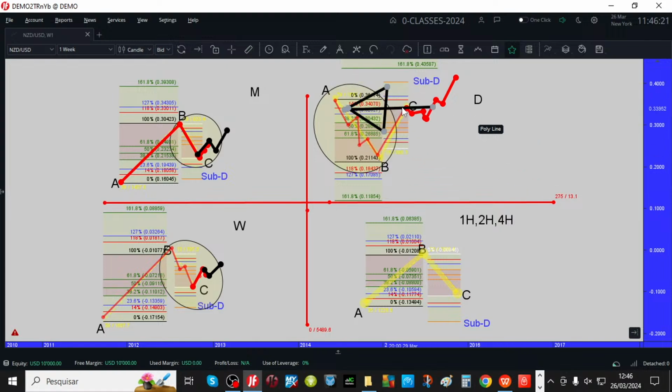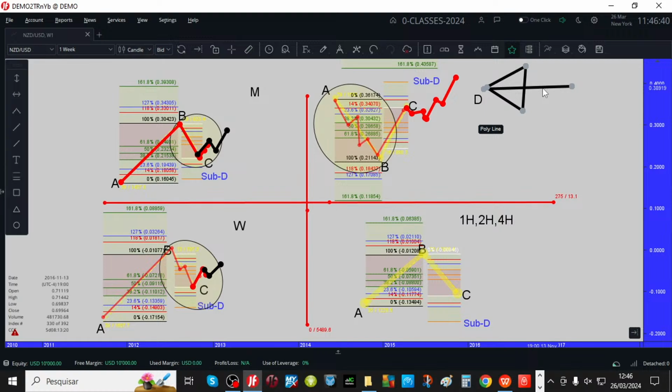The daily Fibonacci, the original one, is trending against the higher time frames. So maybe it can go down a little bit, but in the end it's going to break the original Fibonacci on the daily. Does this make sense? I mean, you might not believe me.